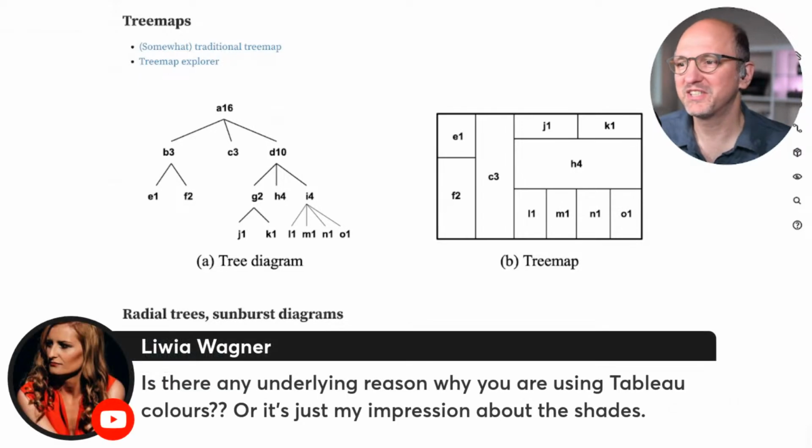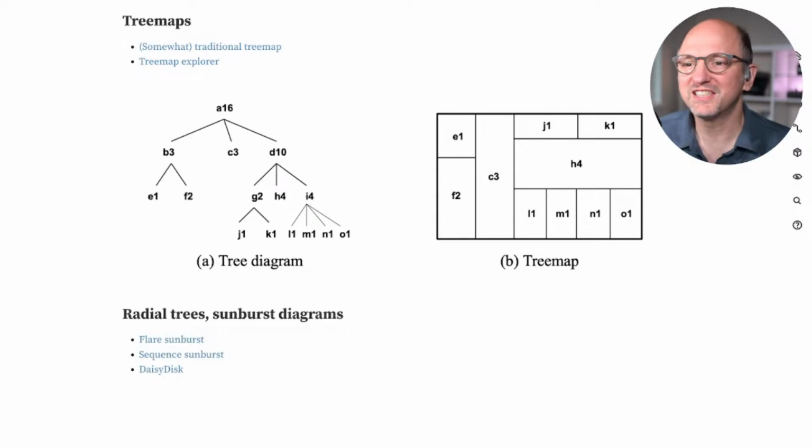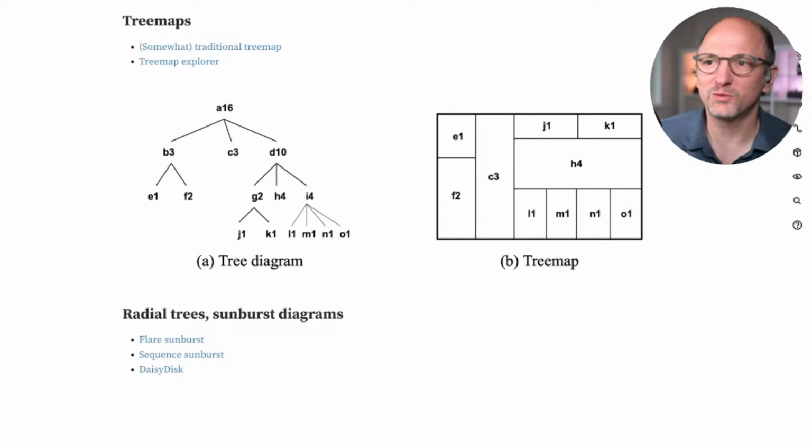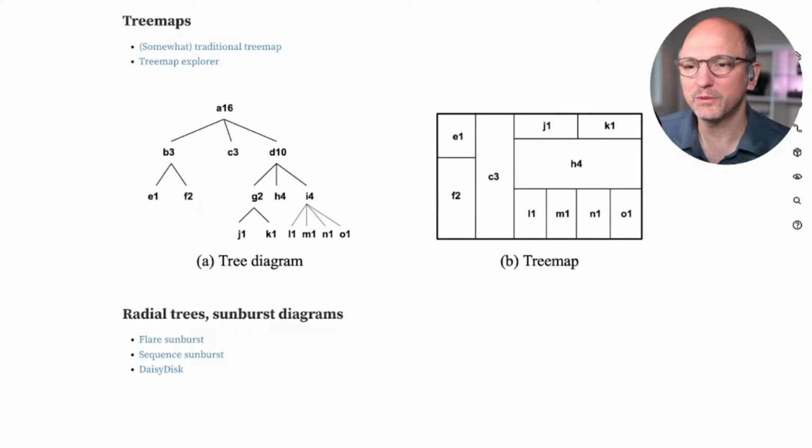Okay, that's an interesting question. Is there any underlying reason why you're using Tableau colors, or is it just my impression about the shades? It's certainly possible that these are Tableau colors, because these colors have been around for a while and they've been reused in D3, and in Plot I'm not actually sure, but it's certainly in D3. They're pretty common, popular.